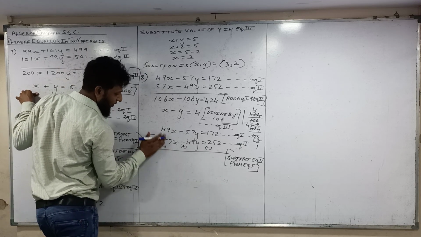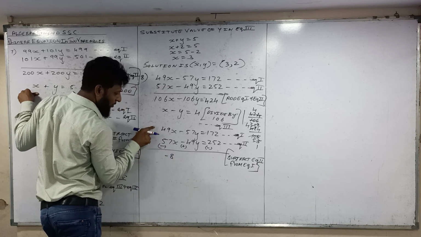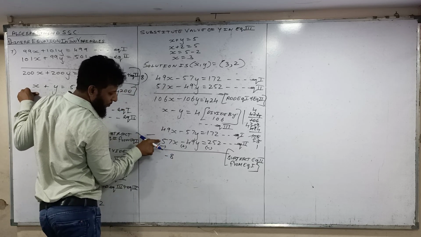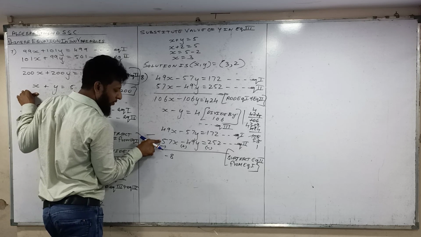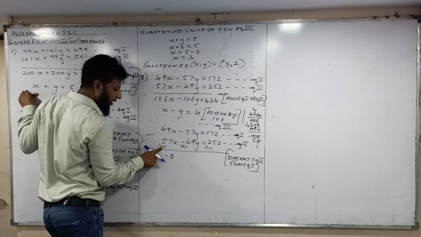Now what will be left? 49 and 57, so minus 8, because with plus and minus, from the greater number subtract the smaller number and take the sign of the greater number.